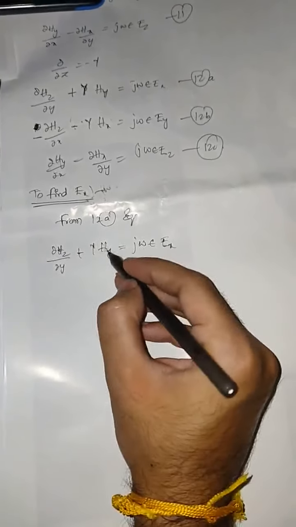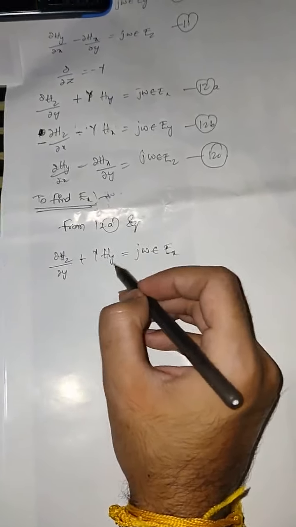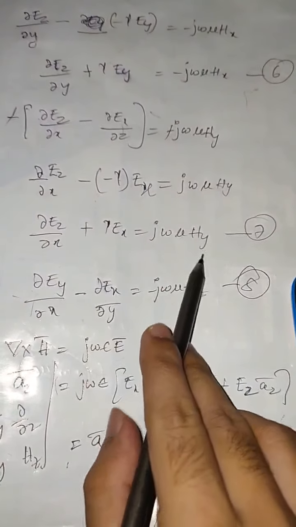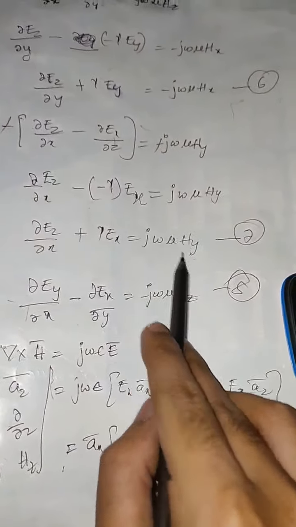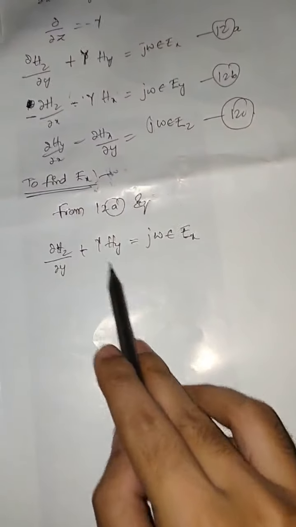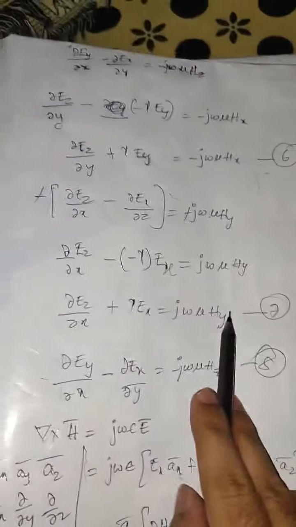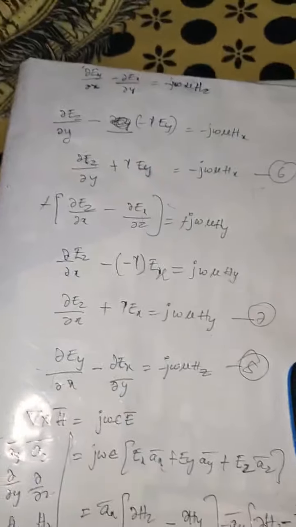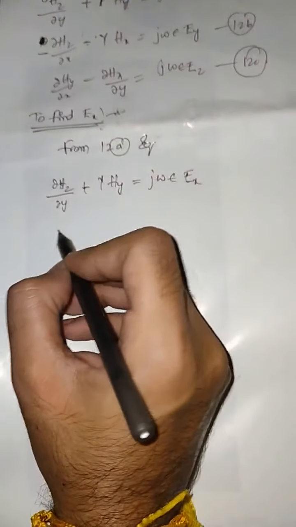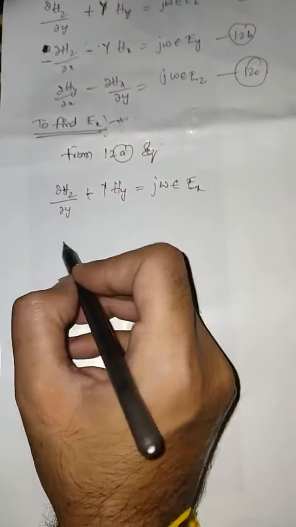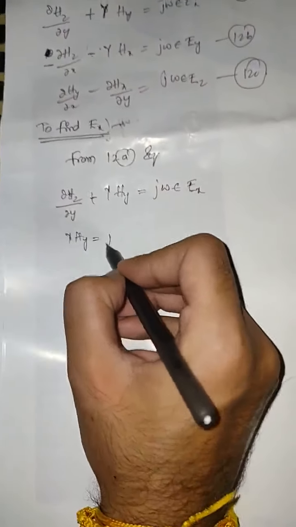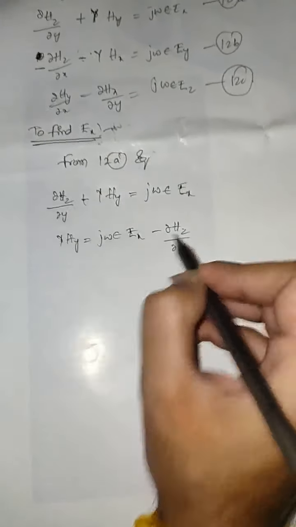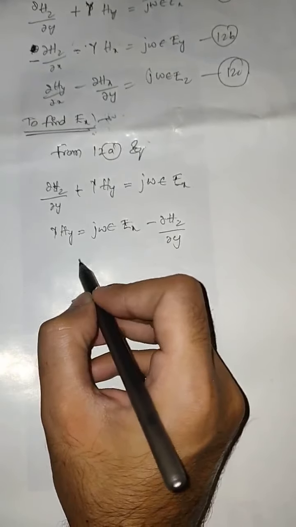So by using this 12a equation, you need to find out the Hy value, and that Hy equation is substituted in the 7th equation, so that you will get an Ex equation. Now we'll see about that. Hy can be obtained as gamma Hy is equal to jωε Ex minus ∂Hz/∂y.